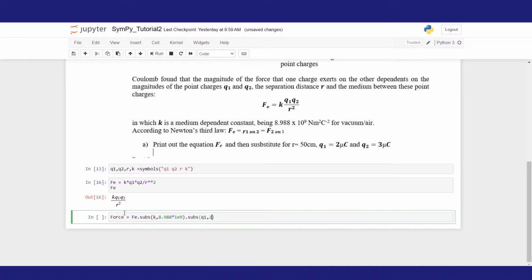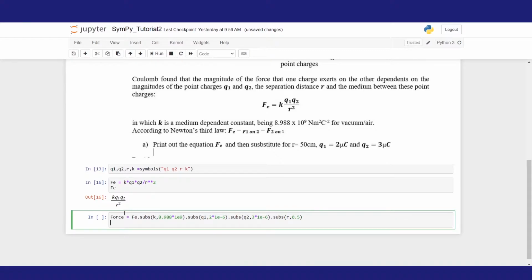So that's going to be 2 times 10 exponent minus 6, and then we have dot subs for q2, which is substituted with 3 times 10 exponent minus 6. And finally we have the last one, which is for the distance r, substituted with 0.15 meters, and then this is going to be stored in a variable called force.